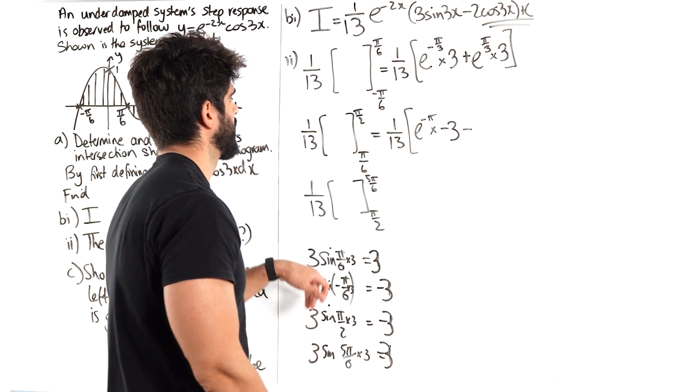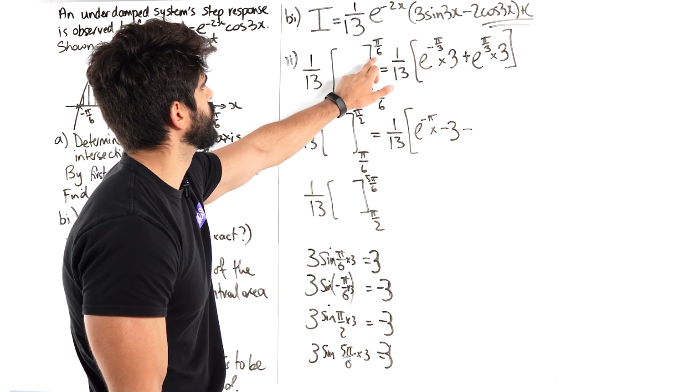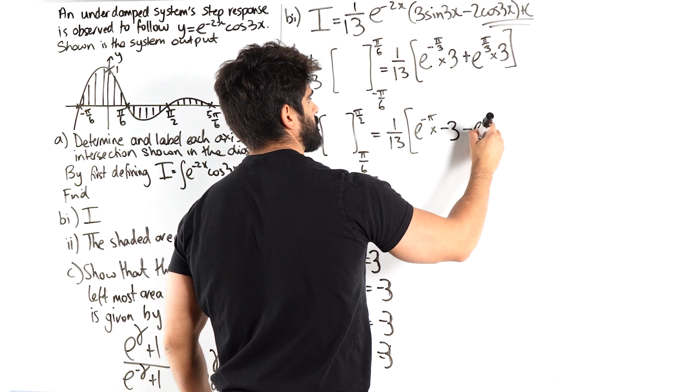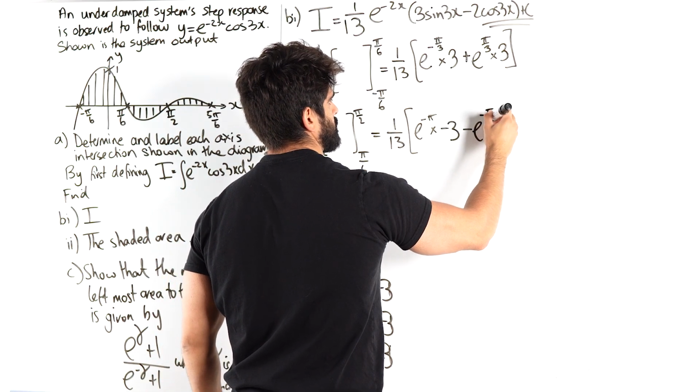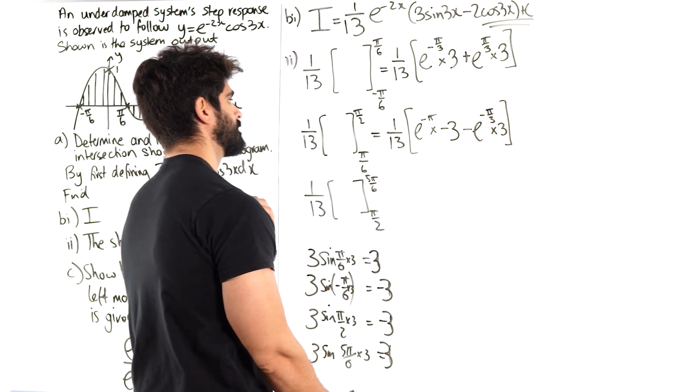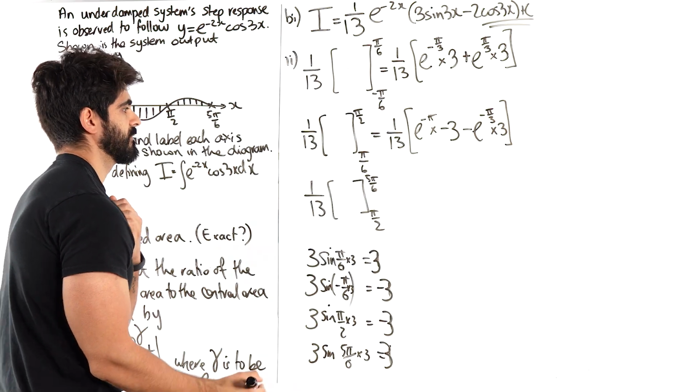Subtract subbing in pi over 6, which I know what subbing in pi over 6 does is this. Then subbing in 5 pi over 6.